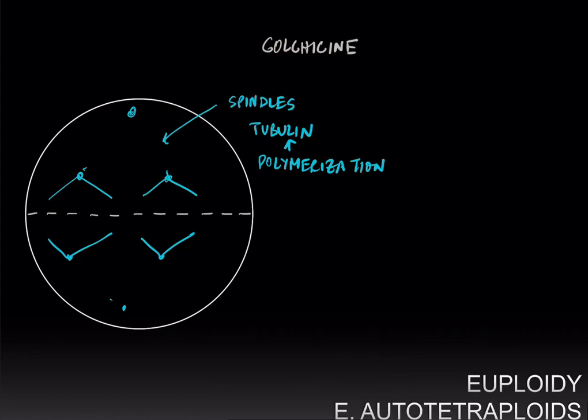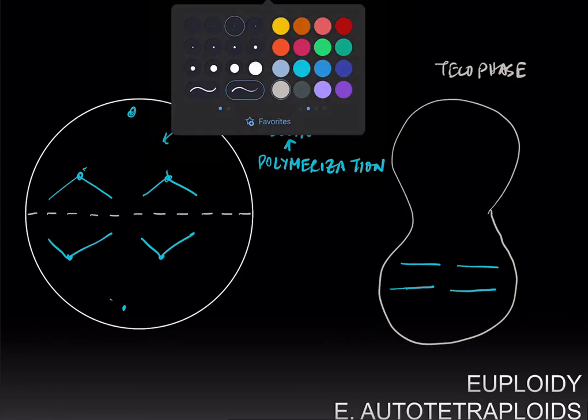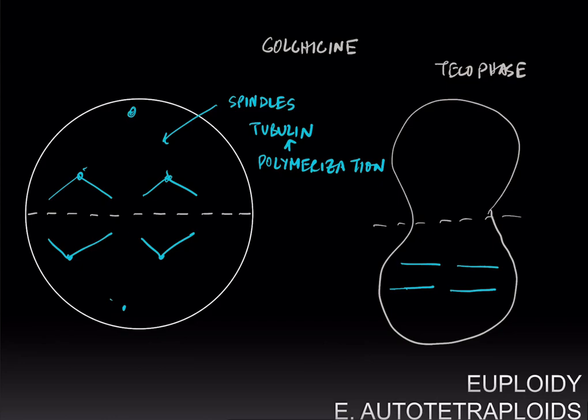So for example, if we are looking at the cell in telophase or during cytokinesis, what will end up happening is all 4 chromosomes might segregate to one of the daughter cells, and thereby double the chromosome number, so that over here you had 2n chromosomes, but you end up with 4n chromosomes.